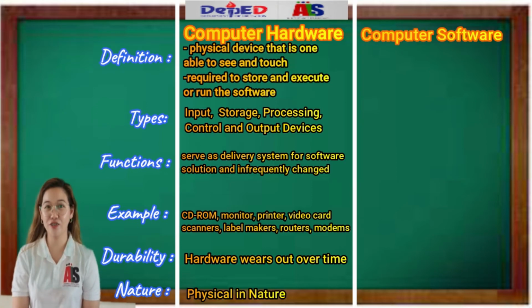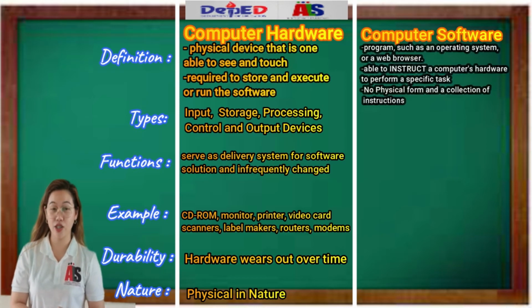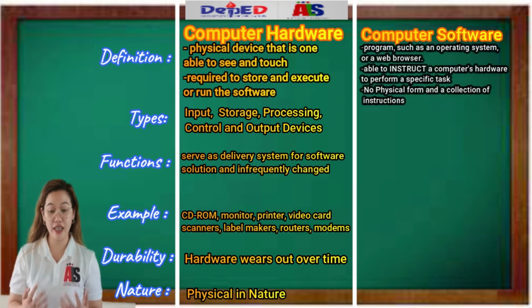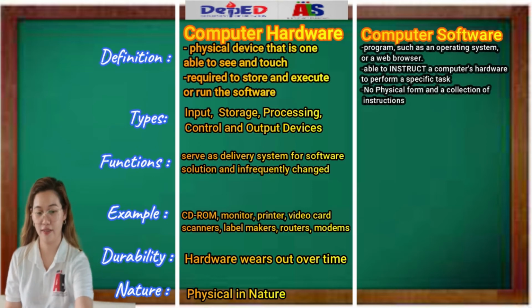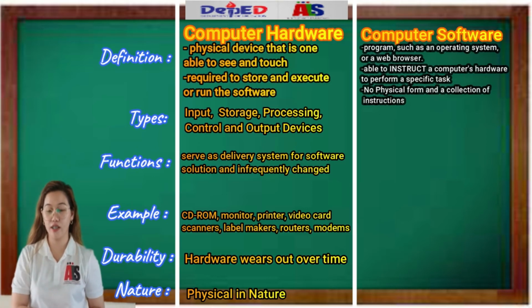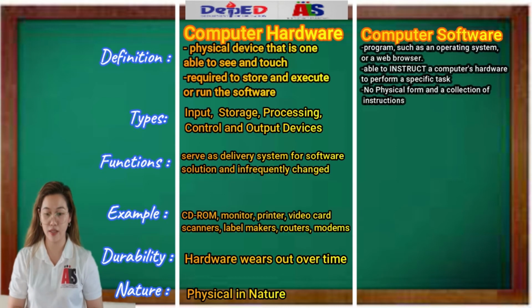Alright, so now we have software. Software is a program, such as an operating system or a web browser, that is able to instruct a computer's hardware to perform a specific task. It is a collection of instructions that enables a user to interact with a computer.